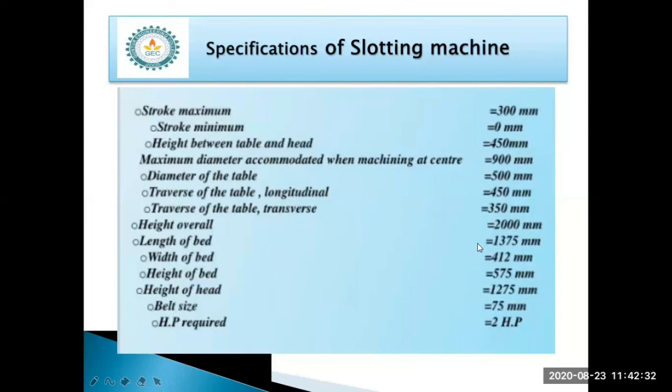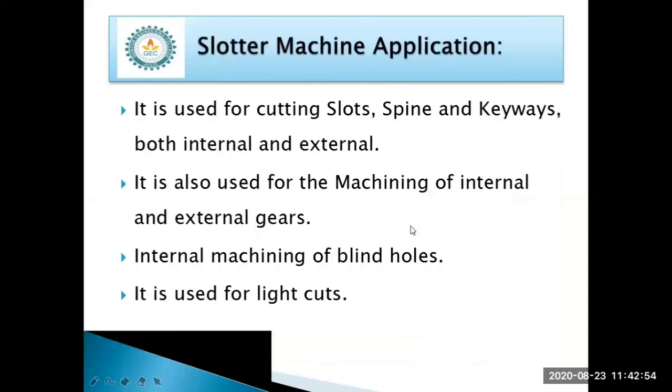The overall height is 2000 mm, the length of the bed is 1375 mm, the width of the bed is 412 mm, the height of the bed is 575 mm, and the height of the head is 1275 mm. Here there is a belt arrangement, the belt size is 75 mm, and the power required is 2 HP, that is the motor HP.